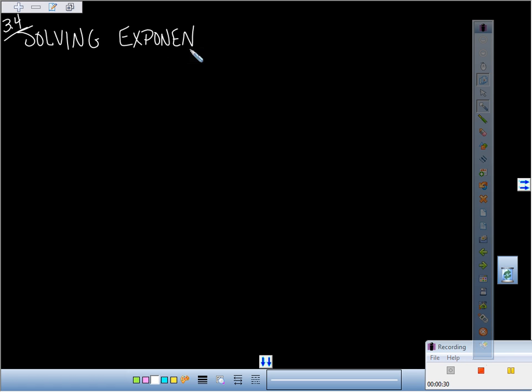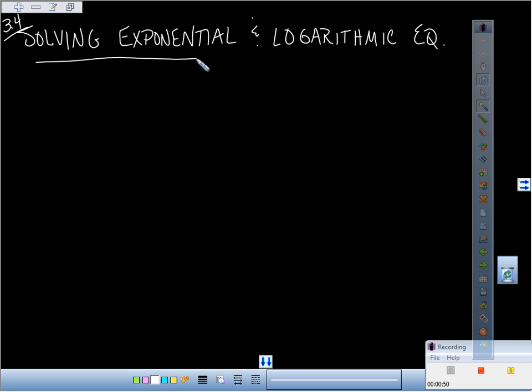What makes an exponential? Yeah, an x in the exponent. So we're going to solve exponential equations and logarithmic equations. Alright, solving exponential and logarithmic equations.